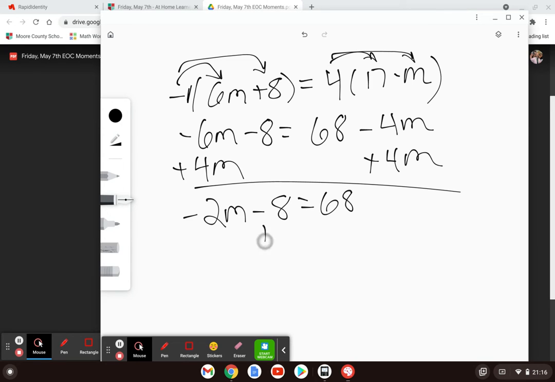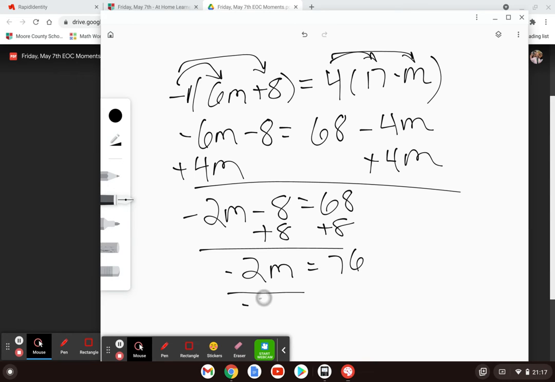Then I'm going to add 8 to both sides. So I get negative 2m equals 68 plus 8, which is going to be 76. Then I divide both sides by the negative 2, and m is going to equal a negative 38.